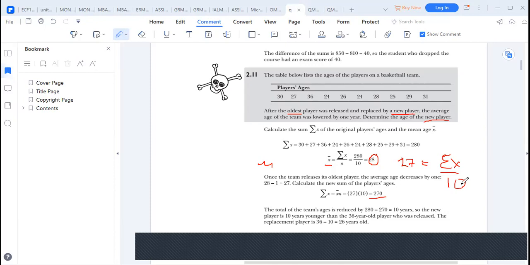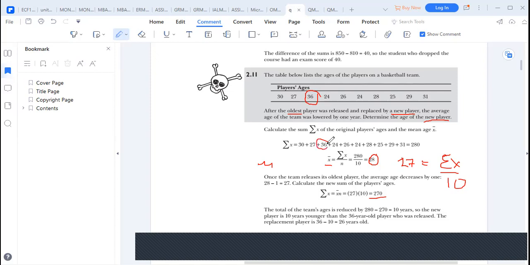So this is a very tricky question, which carries about 6 marks. So in here, we identify that the oldest player was 36 years old. Now we are told that this oldest player was replaced by a new player, which ended up reducing the average of the whole team by 1. So firstly, we added up all of them, including the oldest player.